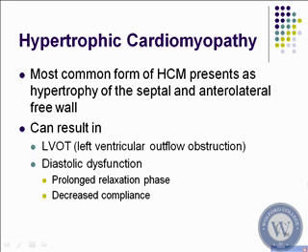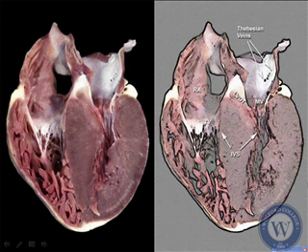Okay, so anything that empties the heart in hypertrophic cardiomyopathy, you make the patient worse. And they also have diastolic dysfunction, which is a prolonged relaxation phase and decreased compliance. This is a nice picture showing you how much extensive remodeling occurs in this kind of cardiomyopathy. Okay, you can see how thick the ventricle is.